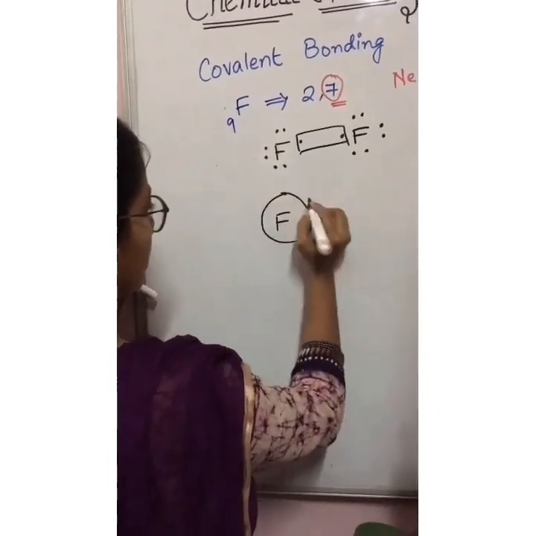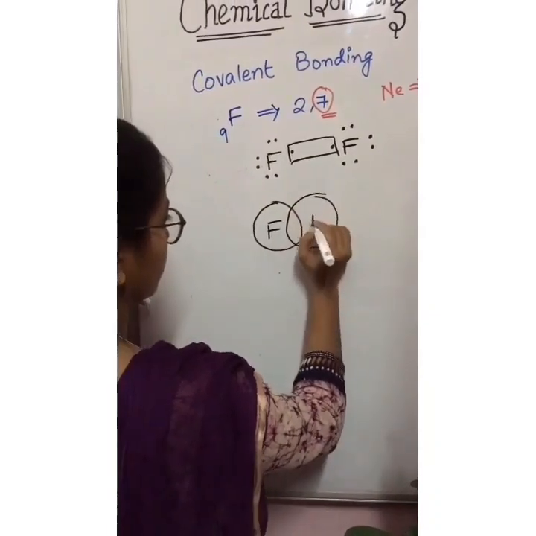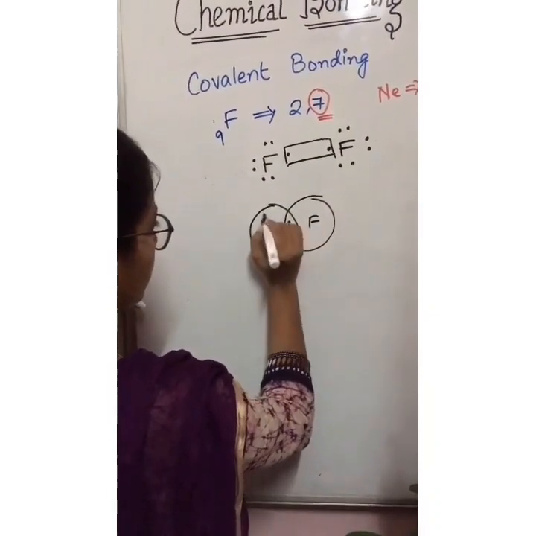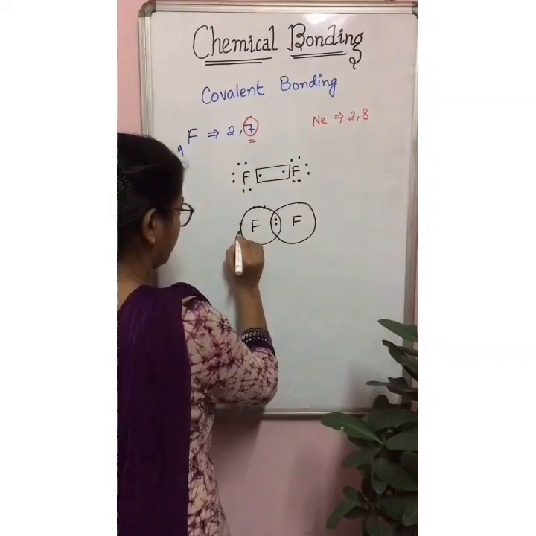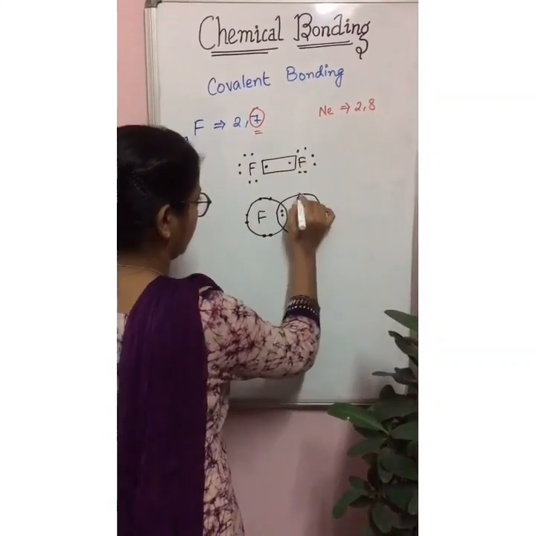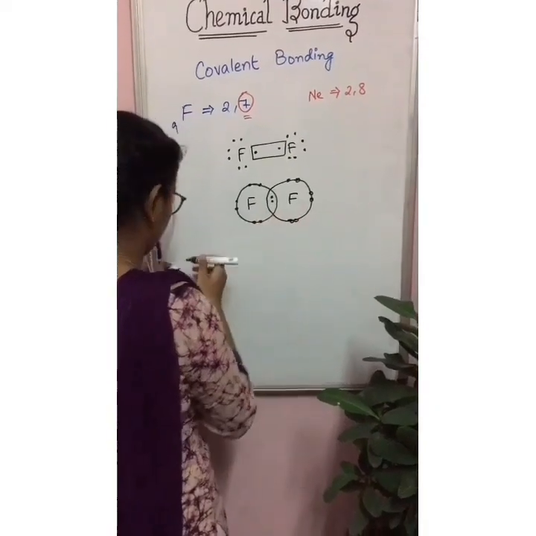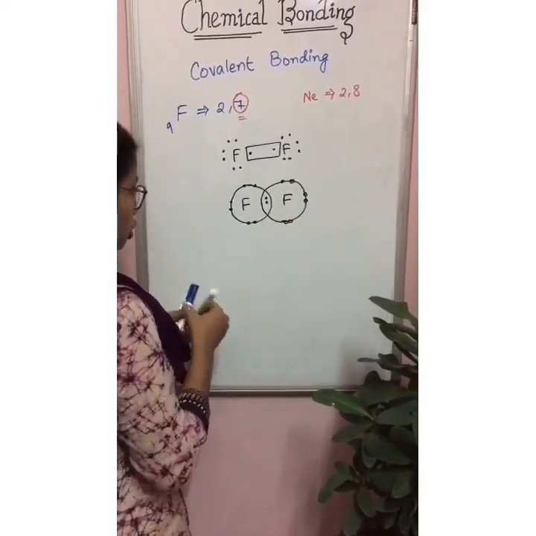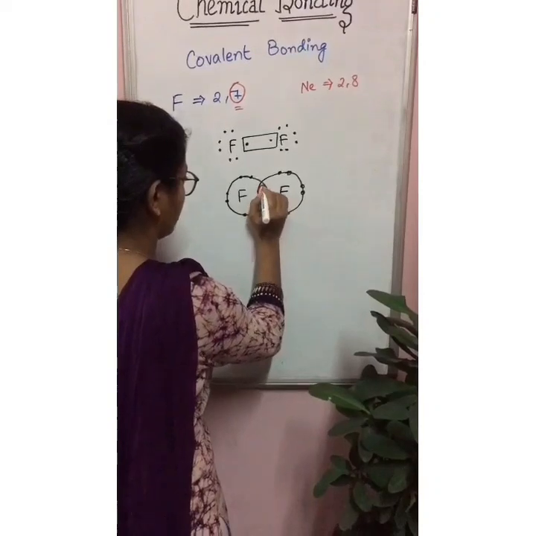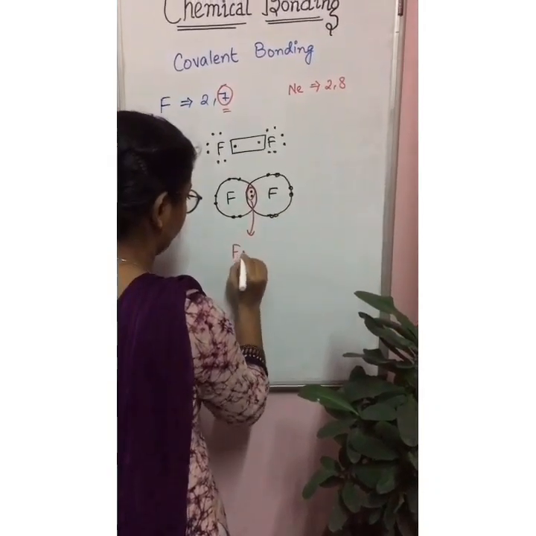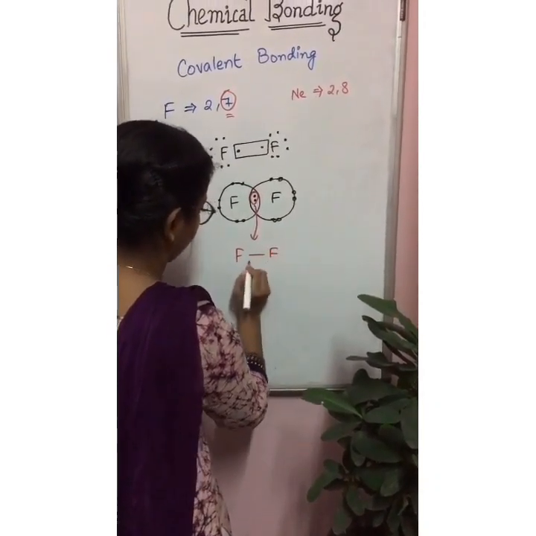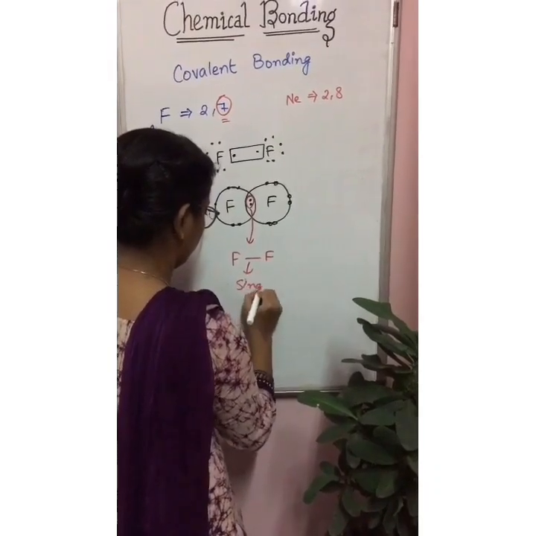Fluorine. Here there are 2 electrons, and here there are the other 6 electrons of its own. So this is 1 shared pair of electrons. So for a single pair of electrons, we put 1 single line. So F dash F. That means single bond.